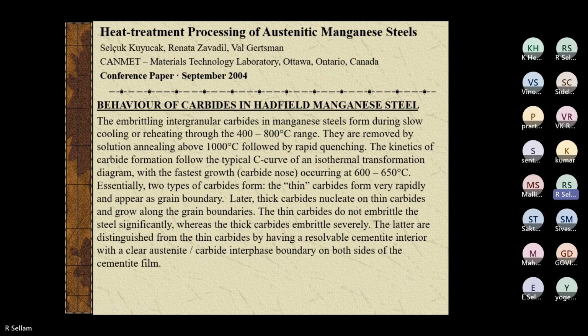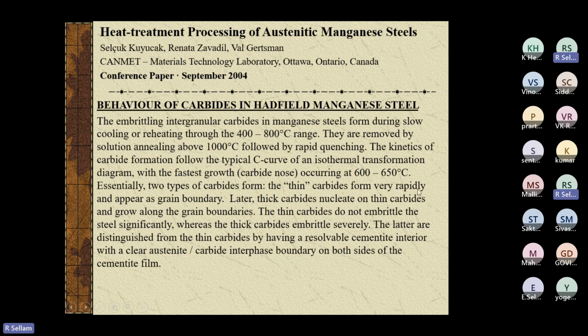But here, interconnected carbides form in manganese steels during slow cooling through 400 to 800 degrees centigrade. They are removed by solution annealing at 1000 degrees centigrade followed by rapid quenching. This is very important. We have to heat it. The kinetics of carbide formation follow a typical C-curve or isothermal transformation diagram, with the fastest growth of carbides occurring at 600 to 650 centigrade. Essentially, two types of carbide form.